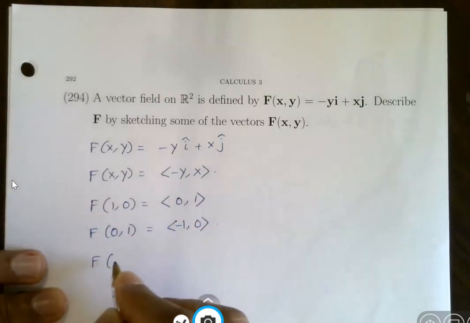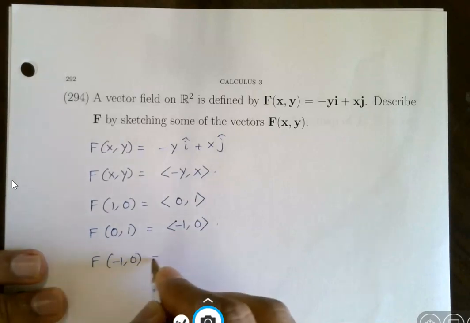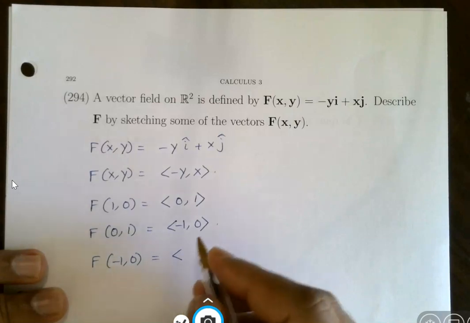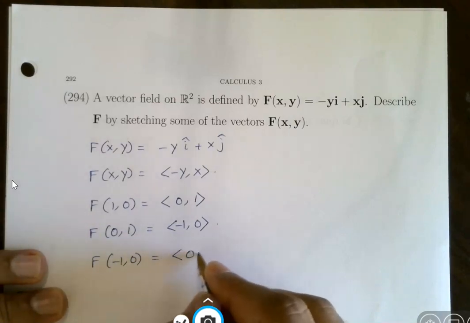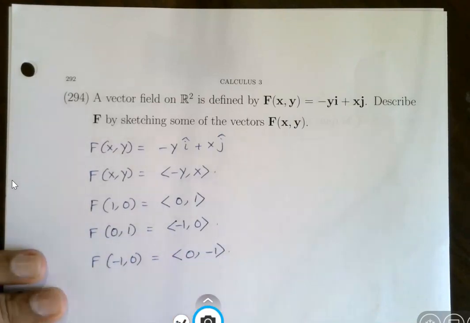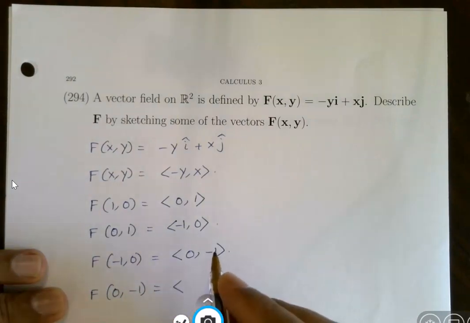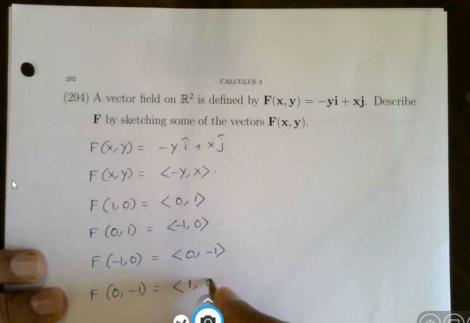Then f of negative 1, 0: x is negative 1, y is 0, so you get 0 and negative 1. I hope I'm right. And f of 0, negative 1: x is 0, y is negative 1, so this is going to be 1 and 0.